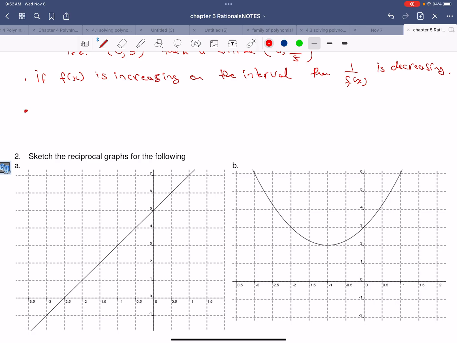The only place the two will meet is at y equals positive and negative 1, right? Because think about it this way, whatever the x value is, if this is 1, the reciprocal is going to be 1 over 1, so it stays 1, right? So no matter what you do, when you flip it, the 1 is going to stay 1.